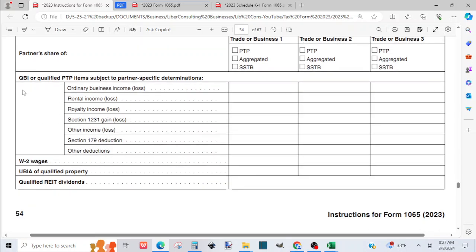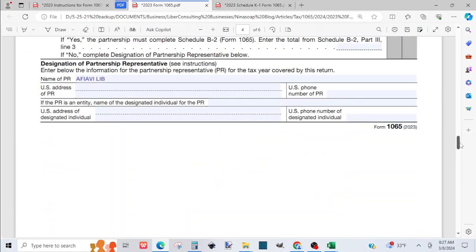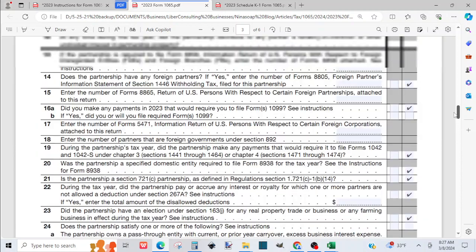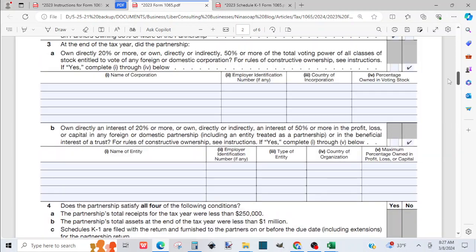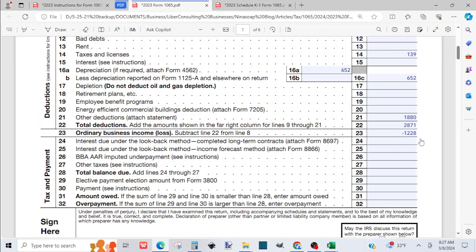So the ordinary business income in this example, if we go back to our 1065 or Schedule K1, will work to line 1. Schedule K line 1, or ordinary business income line 23, is negative 1228.